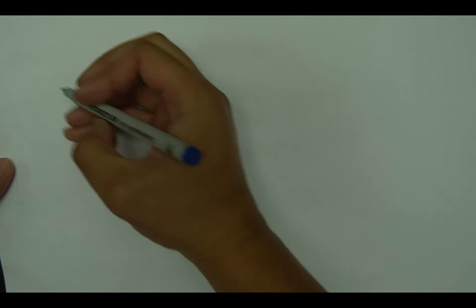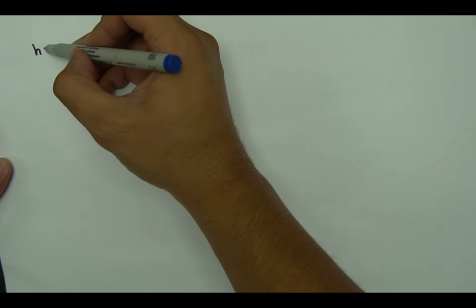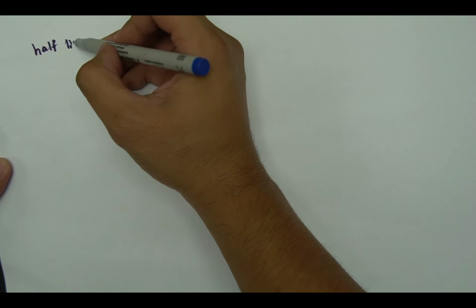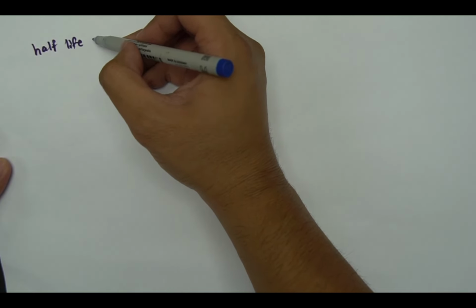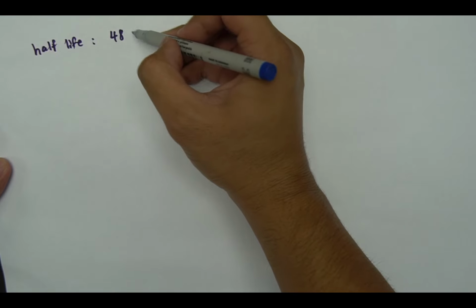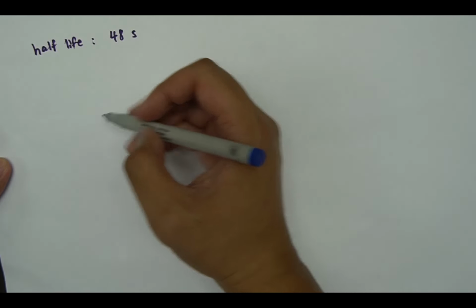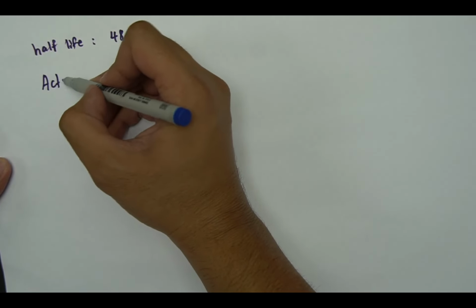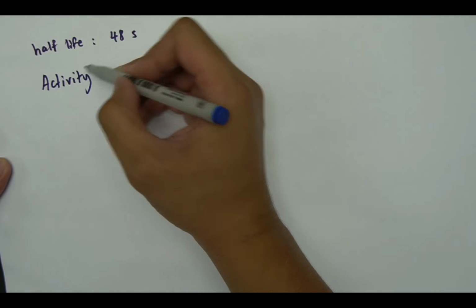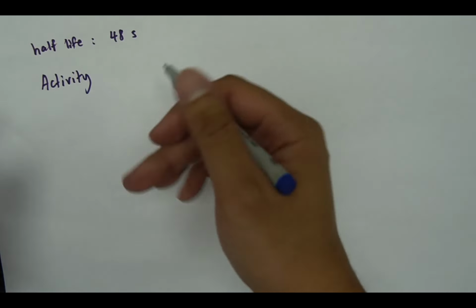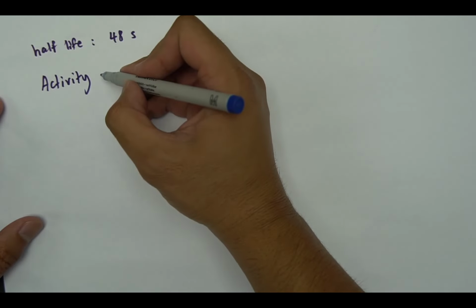Right, so for this one, let's write down the information right here. It has a half-life of 48 seconds, and then its activity. Activity is a unit for radiation. It shows you how active the radiation is.